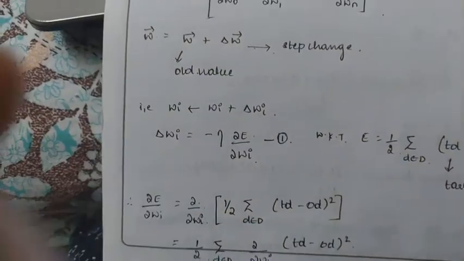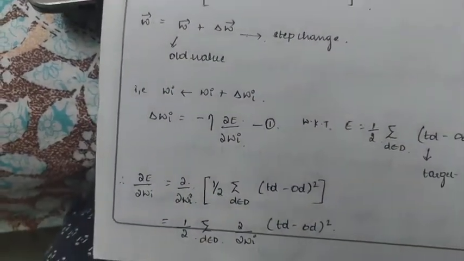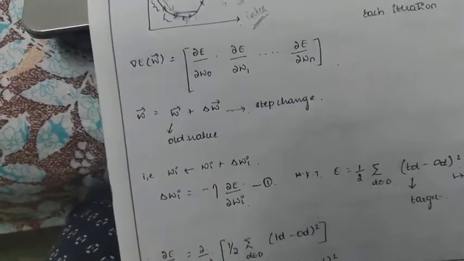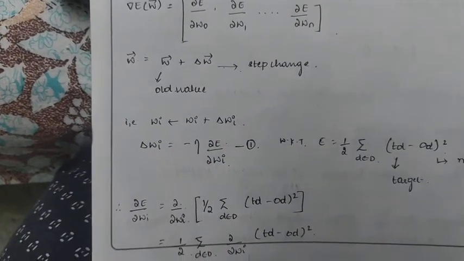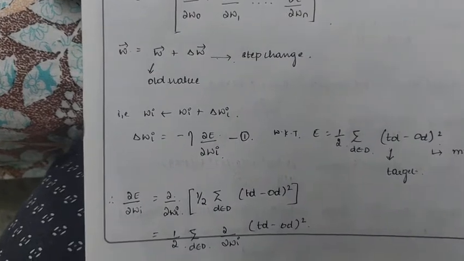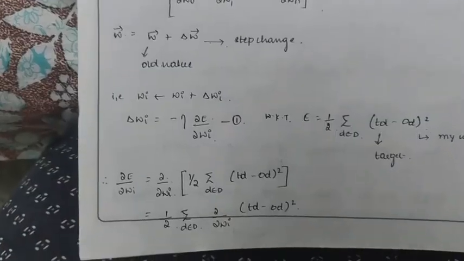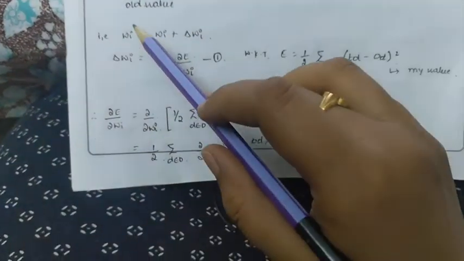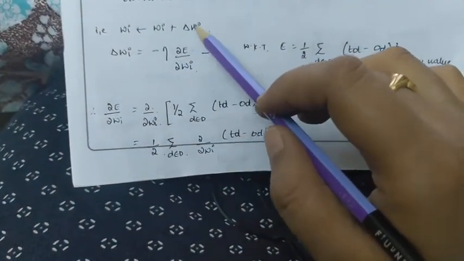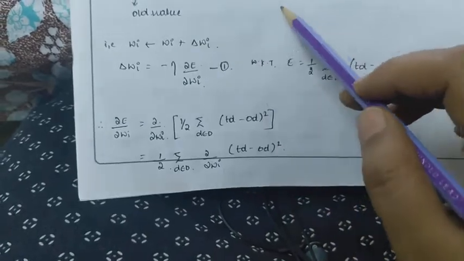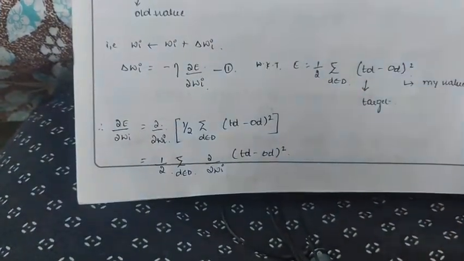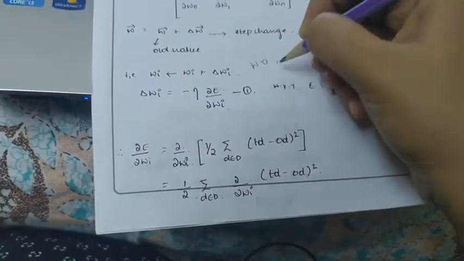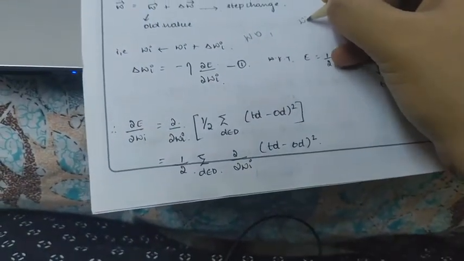So W vector equals W vector plus delta of W vector, that is, the old value plus a step change. We update the weight and we get a new value. The same thing is written in terms of i, which can take any of the values depending upon the number of inputs. It starts from W0 and ends at Wn.